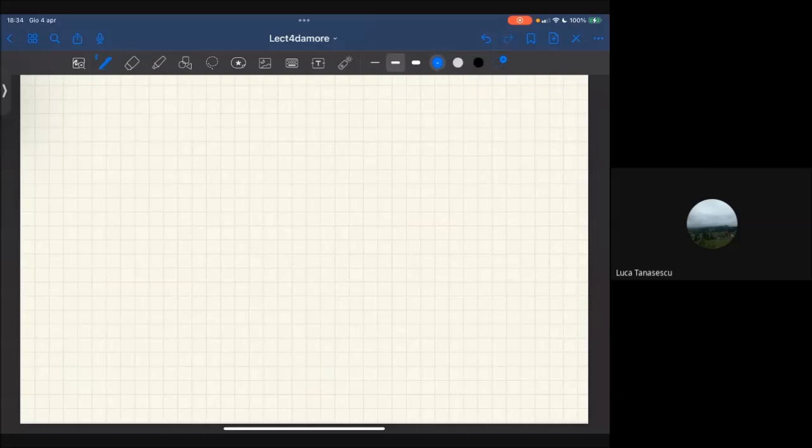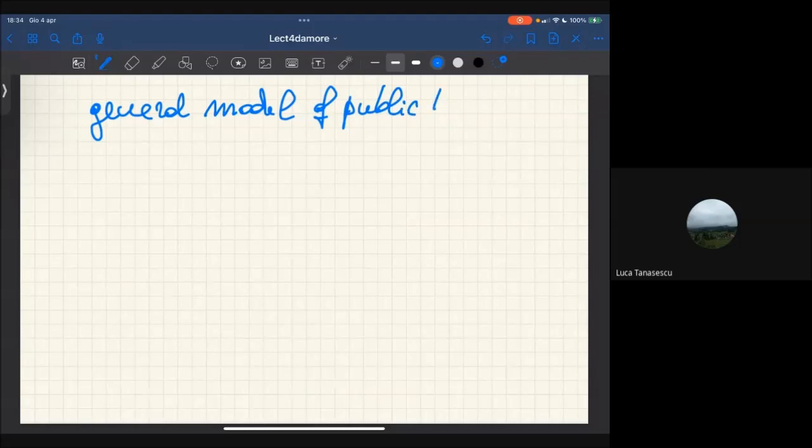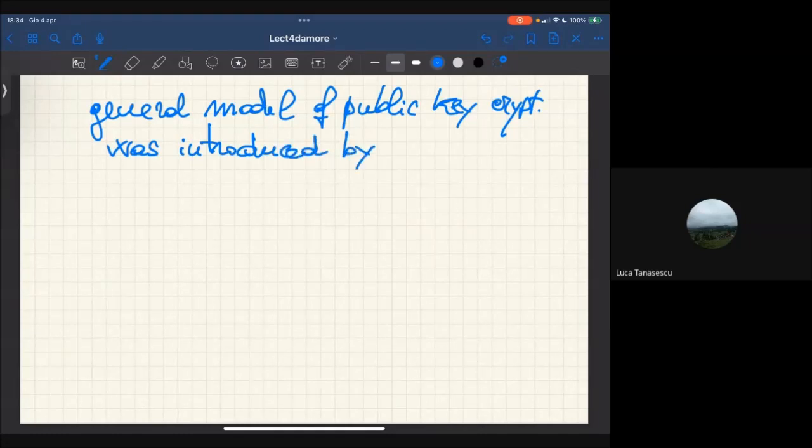The general model of public key cryptography was introduced by two guys, Diffie and Hellman. They were genius because they could imagine a lot of things.